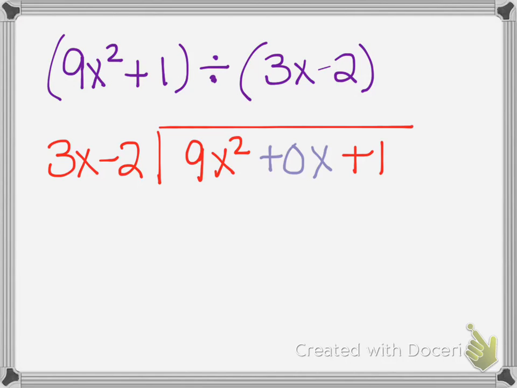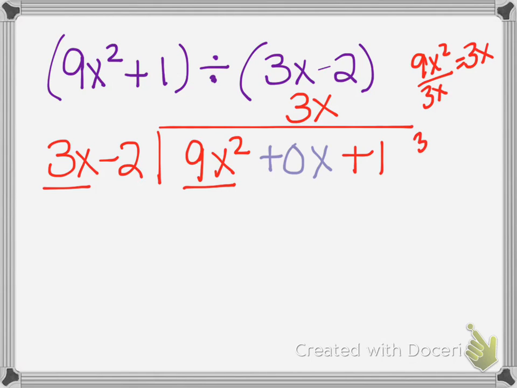All right, so we're going to take this 9x squared divided by 3x. And I'm going to get 3x. Now that goes over that linear term, and if you didn't have that placeholder there, right away you would have been asking yourself, well, where do I put it? There's no linear term. I can't put it over anything. So we have that linear term, so it goes right there.